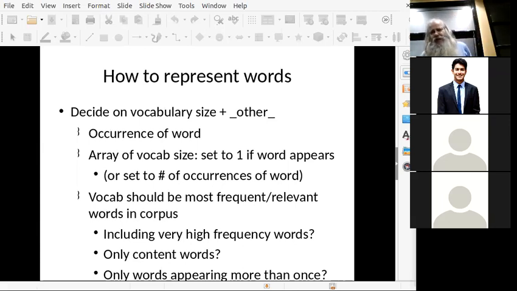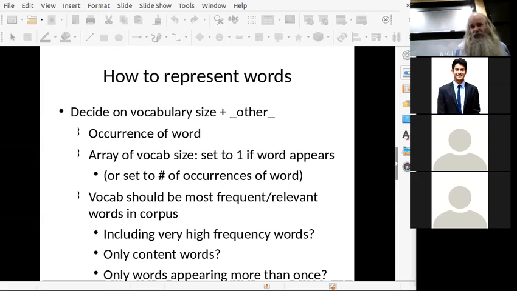You could say, I'm not going to represent very high frequency words, words like the, and of, because that will take up space. And the answer is, it will take up space, but actually there's not very many really high frequency words. So it might save you space of 50, but it's going to save you space of 50 in 10,000. And so it sort of doesn't matter, okay?